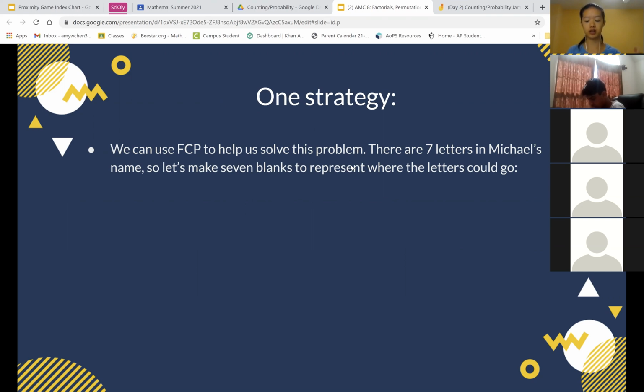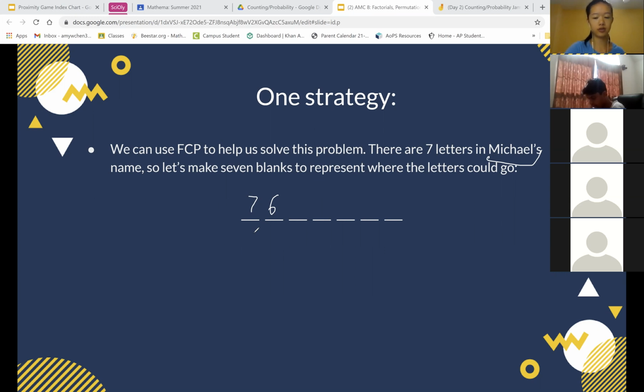For the first blank, we could have 7 different letters because there are 7 letters in Michael's name. However, for the second blank, we will only have 6 letters available because we already used 1 letter for the first blank.